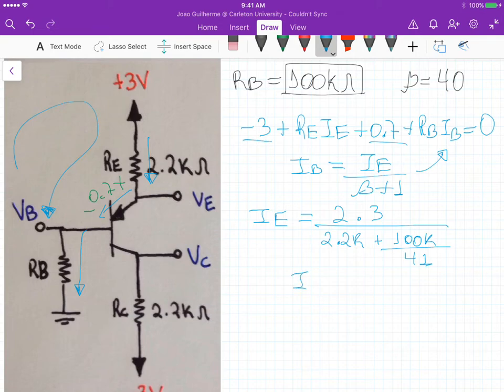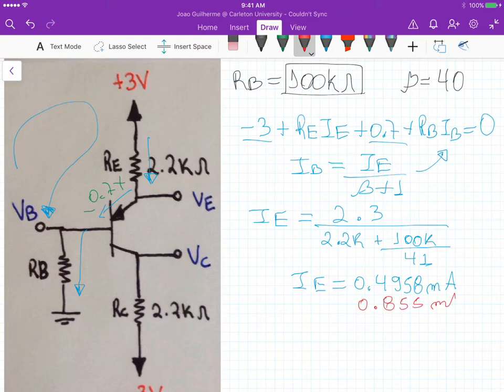So in this case, this emitter current is now 0.4958 milliamps.